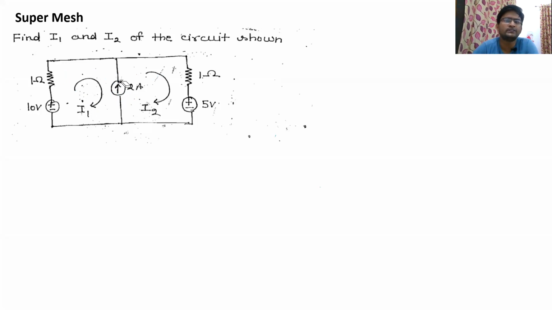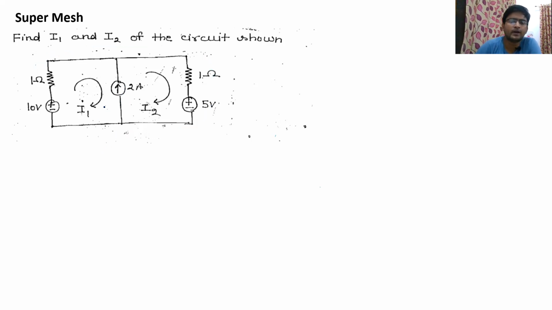So to solve such kind of circuits, we will write the KVL equation for a larger mesh, which will comprise these two meshes between which the current source is common, right? So let us see how this works.